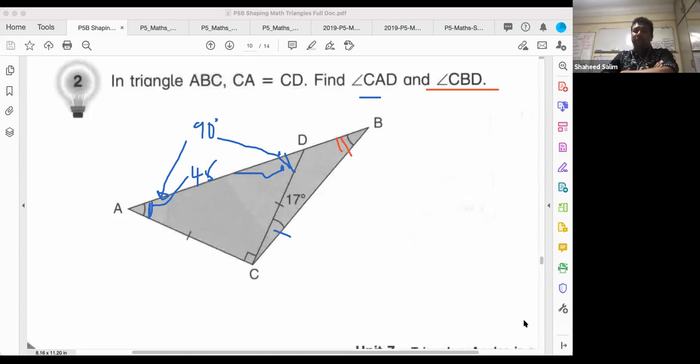Shafia, your answer is not correct. I'm so sorry to tell you. Okay, your answer is not correct. My mistake. I'm looking at Shafia's answer. Oh my goodness.